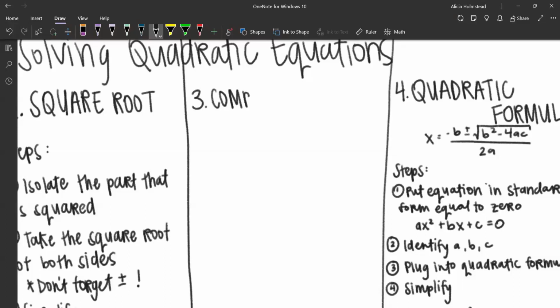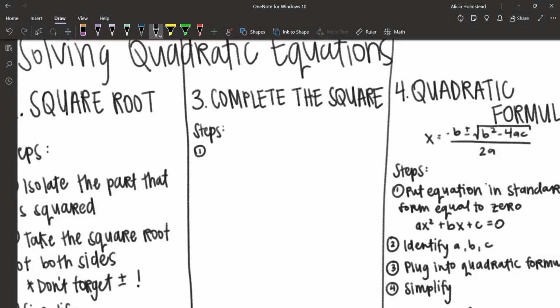And it is going to be complete the square. All right. So the steps are as follows.